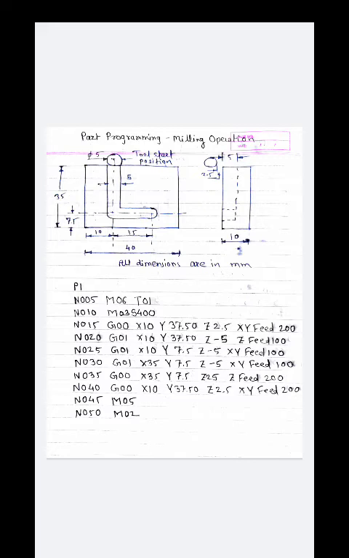Okay, in such a way you can repeat this cycle from N020 to N040 5 times, sorry, 4 times. First this you have completed and you are supposed to do it for the remaining 4 times. So total 5 times you remove the material, that is 1 mm each time. That means 5 mm you can remove the material from this plate.